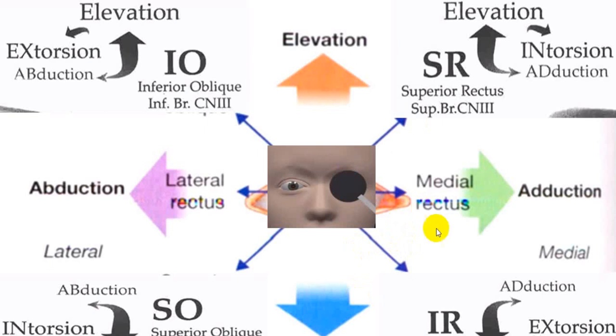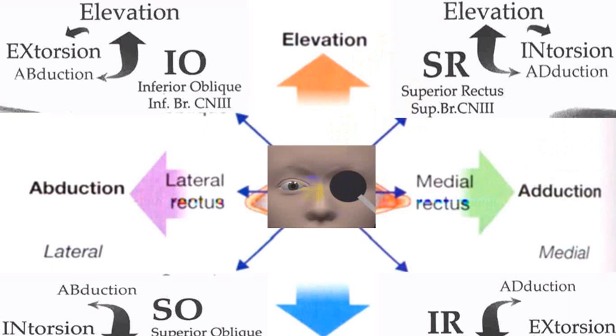Now you can see here, if you cover one eye and look at the movement of one eye, that is called monocular movements, movement of one eyeball. And when you remove this cover and you see the movements, that will be binocular, and we call them conjugated movements.